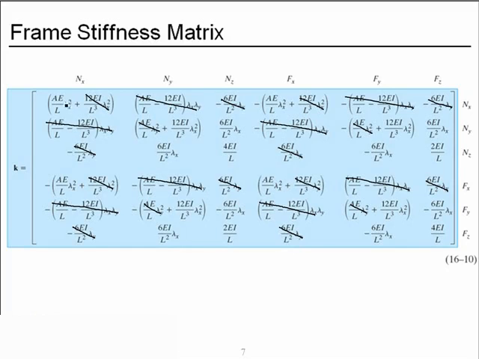So for the first row, we're left with AE over L and minus AE over L. The rest of the entries are 0.